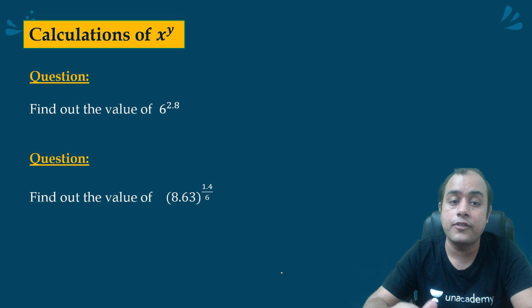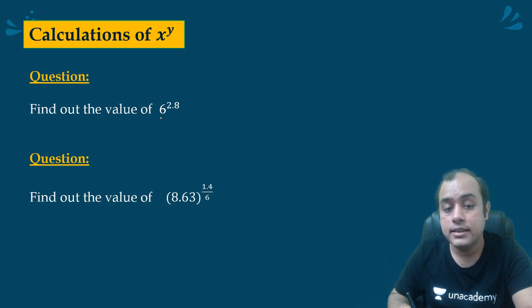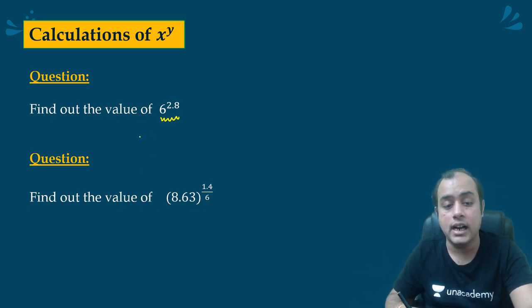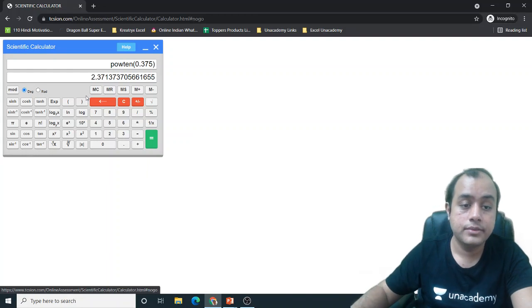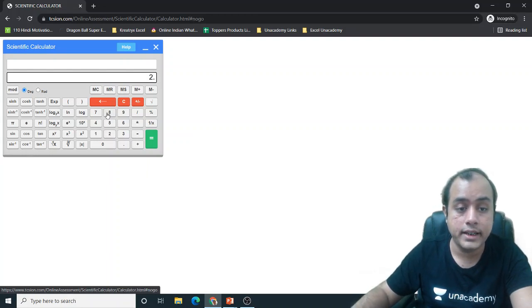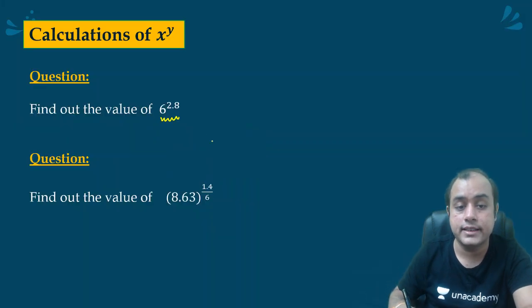Now the calculation of x to the power y, 6 to the power 2.8. Let us see how we will calculate. So we will write 6, then x to the power y, then 2.8. In this you have to go from left to right. 150.9466.